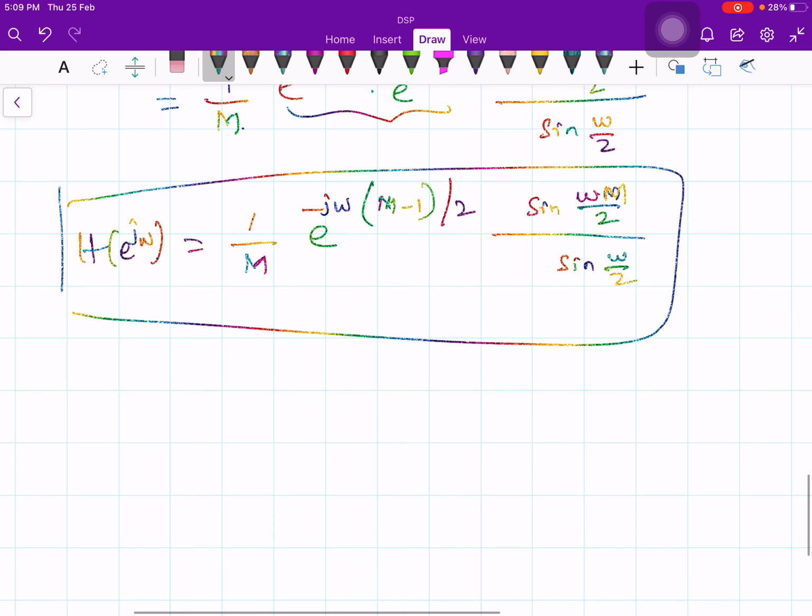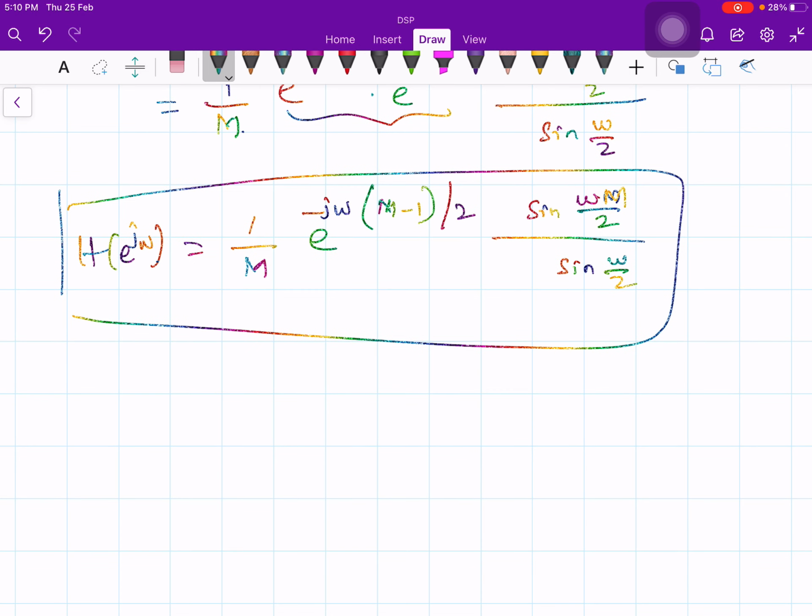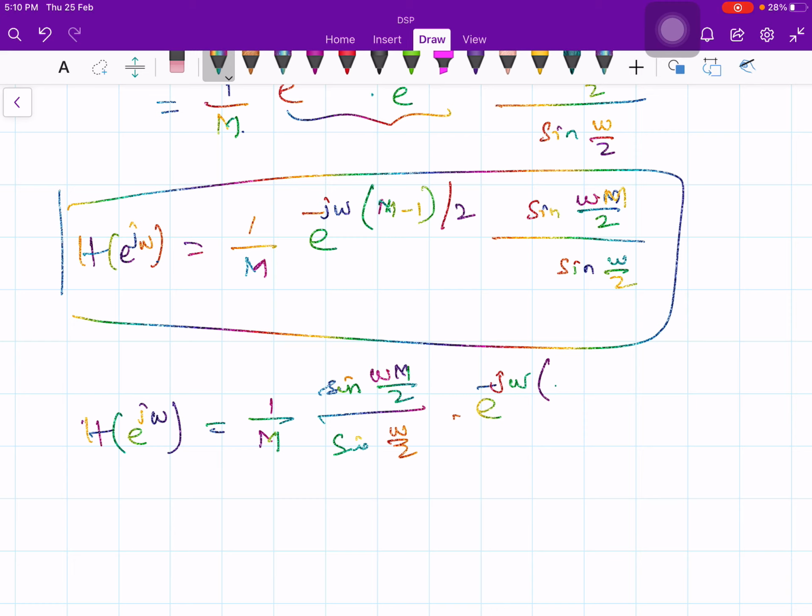Now it is very tempting to identify... okay, maybe let me rewrite this. Capital H of e to the power j omega is equal to 1 divided by capital M, in the numerator I have sine of omega capital M by 2, in the denominator I have sine omega by 2 multiplied by e to the minus j omega times (M minus 1) by 2.